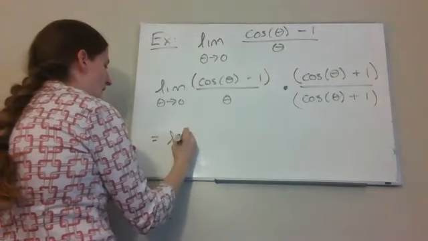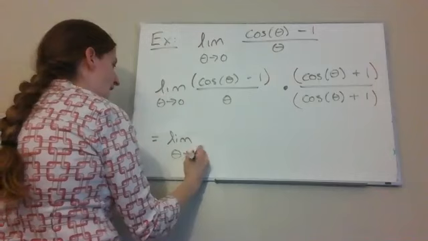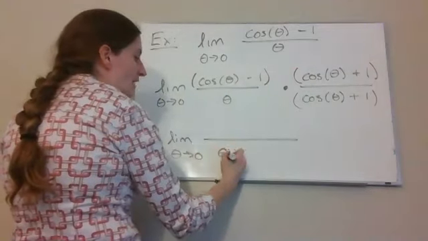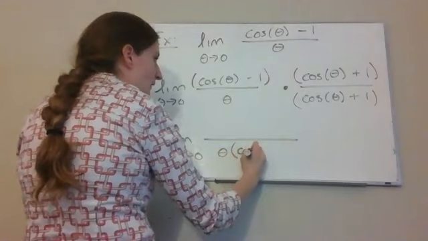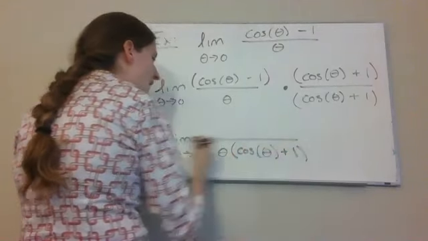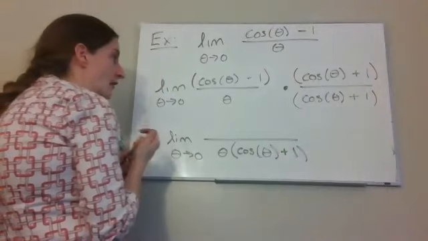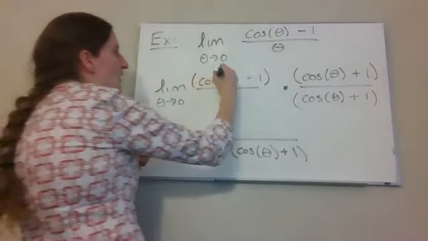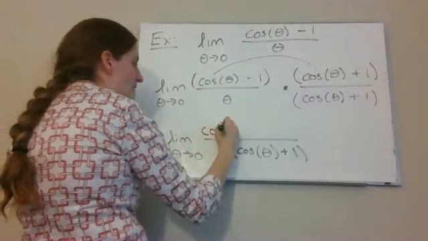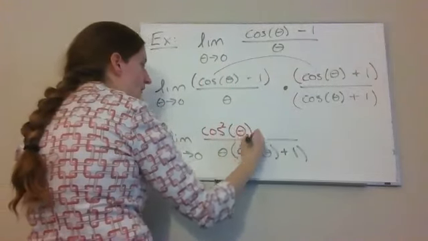So I'm going to have a limit as theta goes to 0. My denominator is theta times cosine of theta plus 1. And in the numerator, I get cosine theta times cosine theta. That's cosine squared of theta.